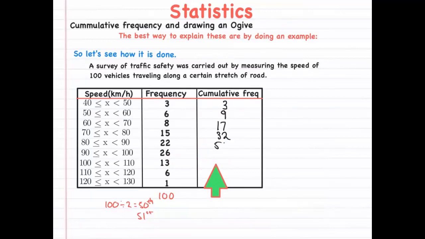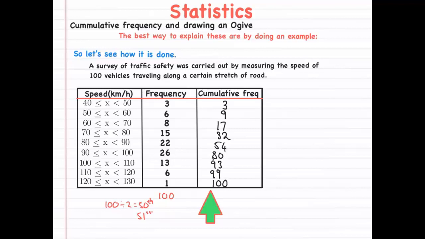Got it? Now we can simply say 54 plus 26 gives us 80. Then 80 plus 13 gives 93. 93 plus 6 is 99. And 99 plus 1 is 100.